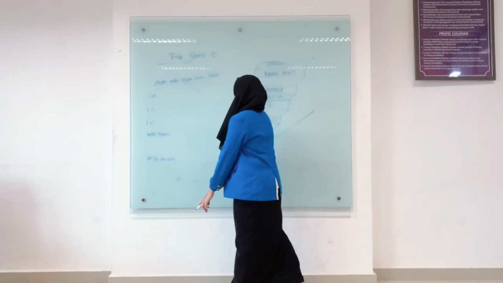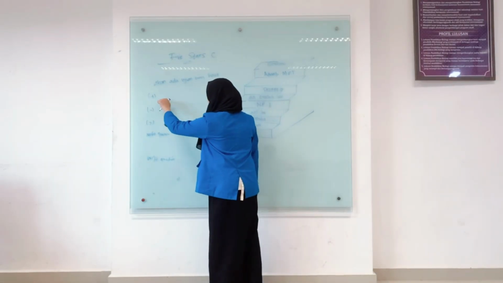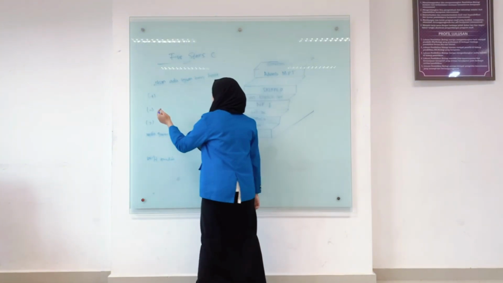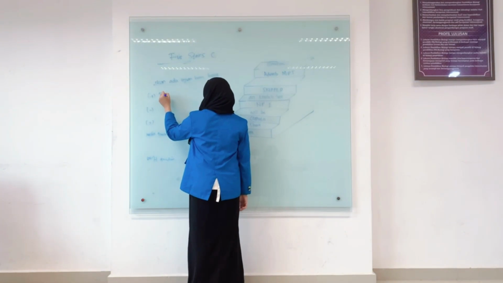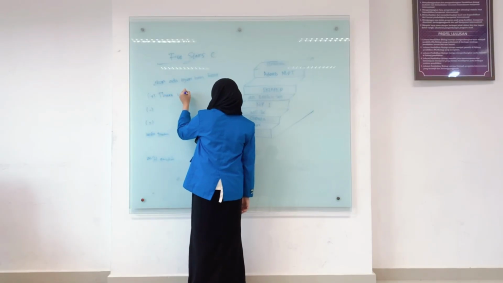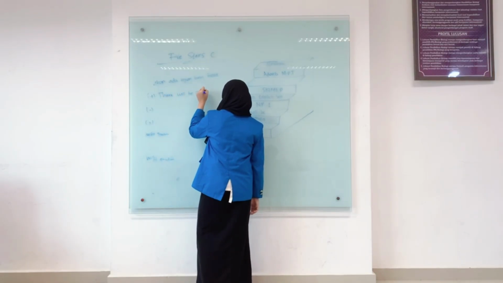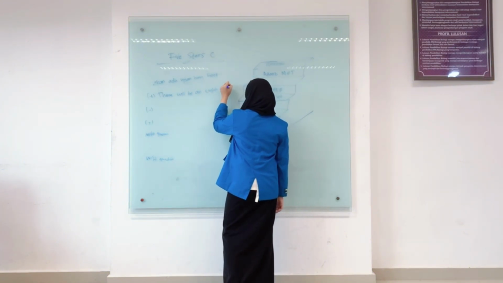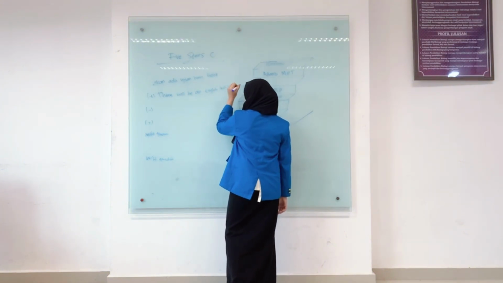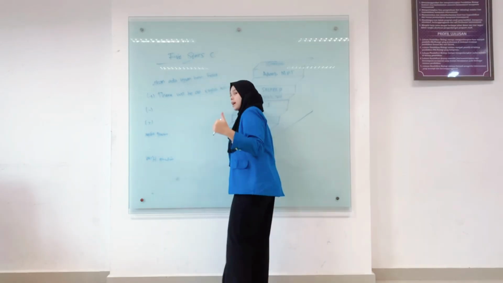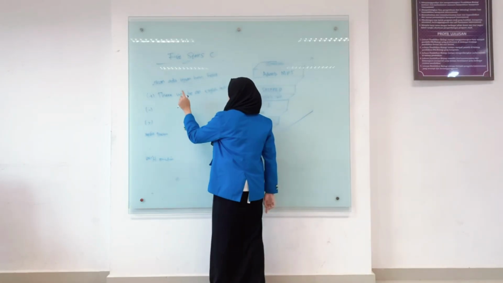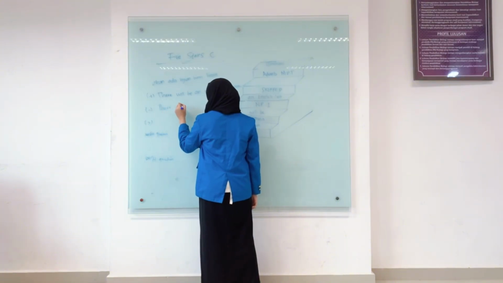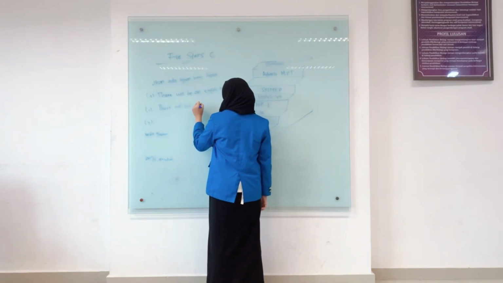So I will provide sentences in negative, positive, yes/no question, and WH question. Positive is there will be an English test tomorrow. In negative, we add not after will: there will not be an English test.